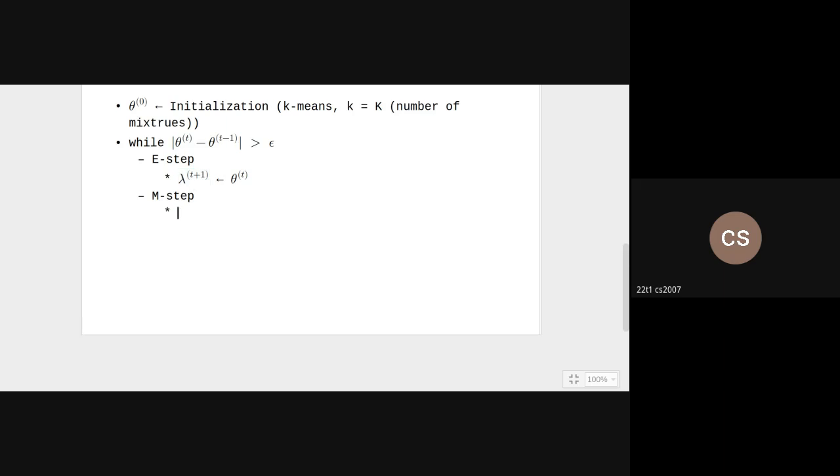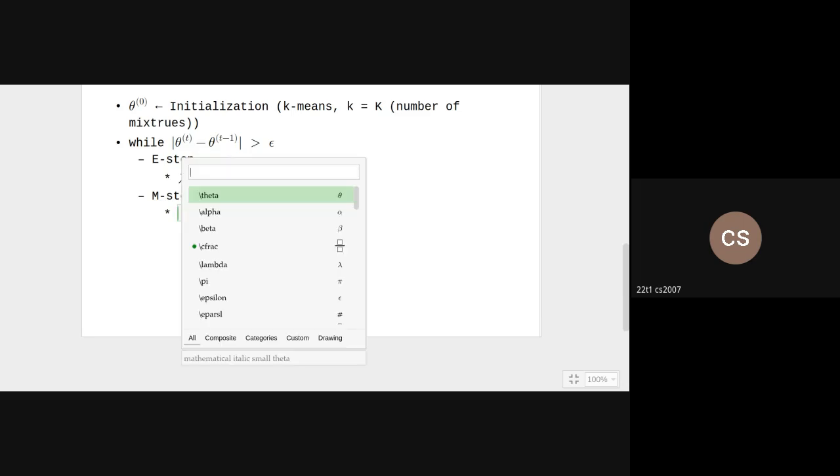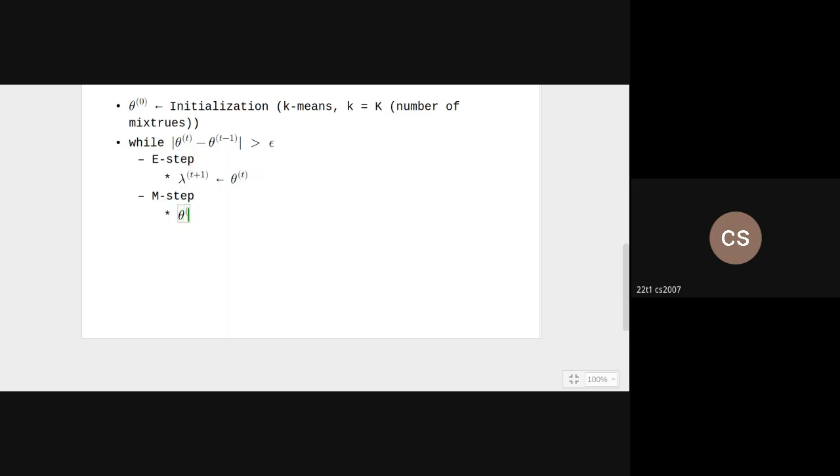What is your M step going to do? It is going to give you the values of theta t plus 1, from what? From lambda t plus 1.